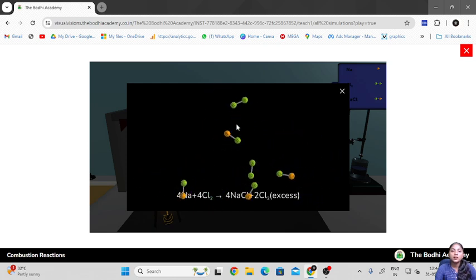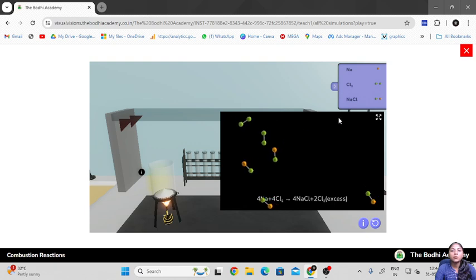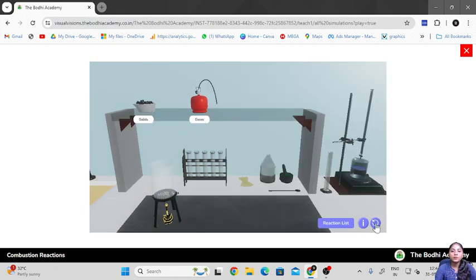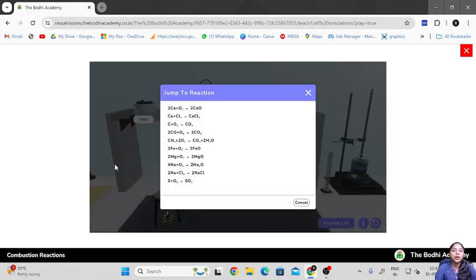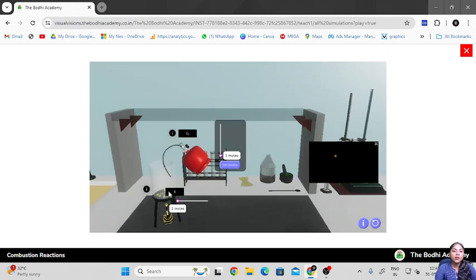These are orange and green molecules. These are the 1, 2, 3 and 4 molecules of sodium chloride, and 2 are chlorine molecules, the excess ones, which did not bind to the sodium. Then another reaction that we have is this one last.